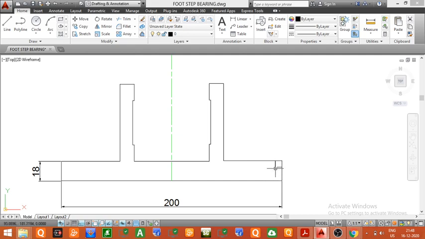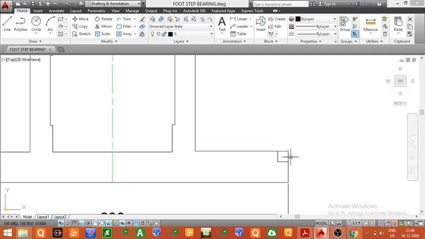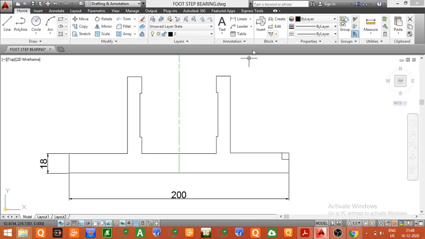Now you can see I have drawn a square, and this square is of side 6 mm. I will give the dimension so that you can understand. See this, you can see the square is of dimension 6 mm. So we have drawn a square of dimension 6 mm. Similarly, we will draw a square here also.